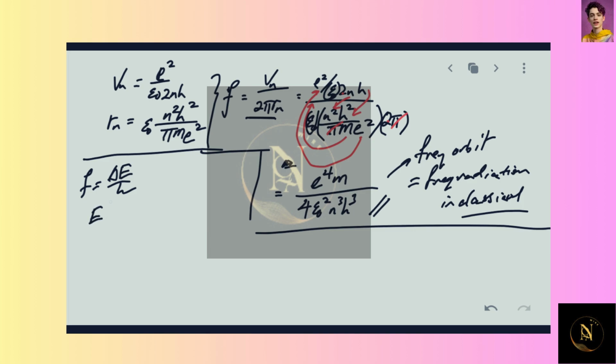So we have to consider two energy states, En1 and also En2. Now from the Bohr model of the energy, En is equal to negative 1 over epsilon naught square times m e to the power 4 divided by 8 n square h square.